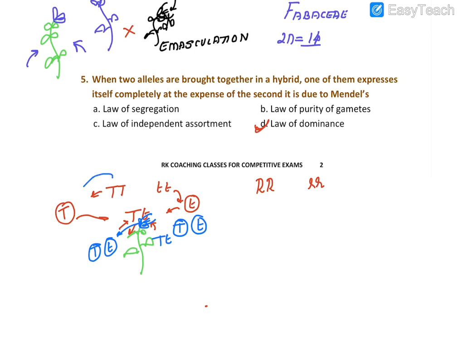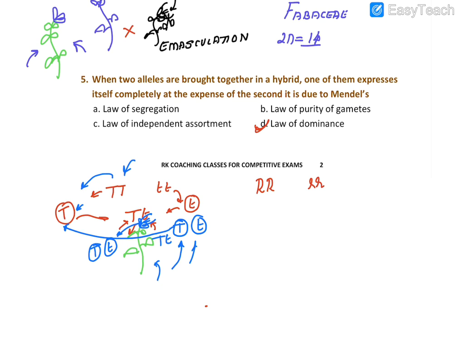What are the gametes that are produced in this pure line plant? That is, the tall plant produces gametes with capital T. Even the heterozygous plant, when it produces gametes, 50% of the gametes will be having capital T, 50% will be having small t. The gamete with capital T is exactly similar to the gamete produced in this homozygous plant. That means the purity of gamete is maintained.